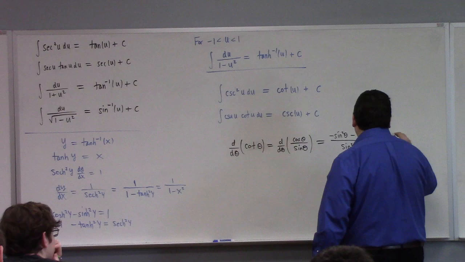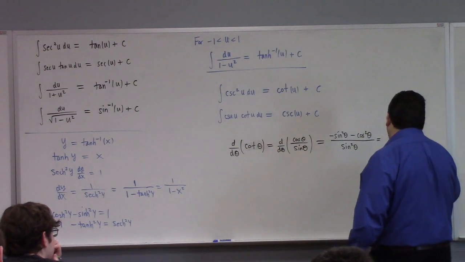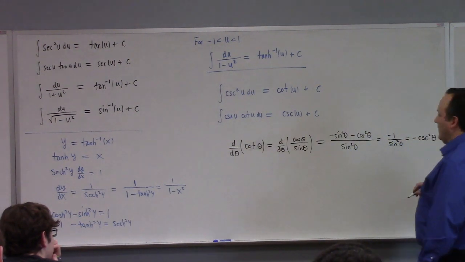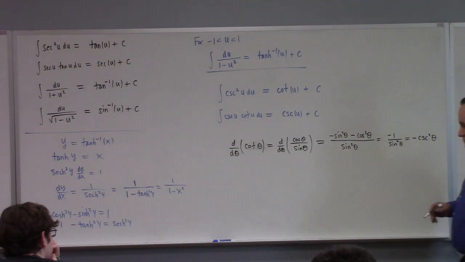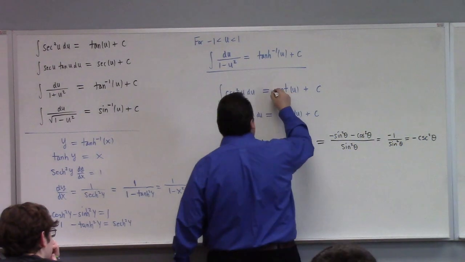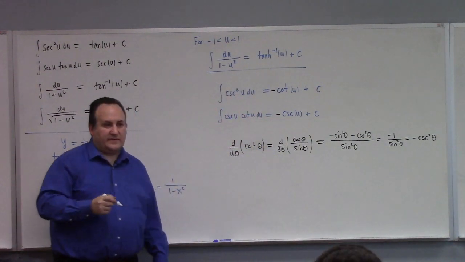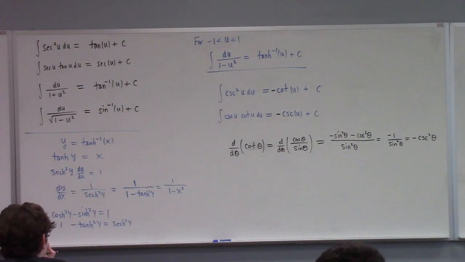That's minus 1 over sine squared theta, which is minus cosecant squared theta. So we were almost right. What's wrong? We're missing the negative. And I believe the same is true for this one right here. So watch out. There's some signs lurking here and there to be wary of.